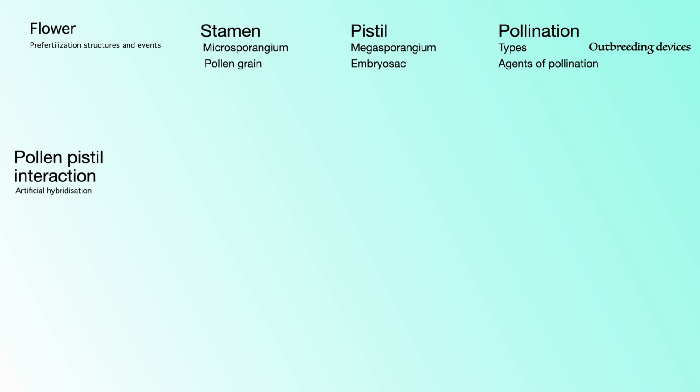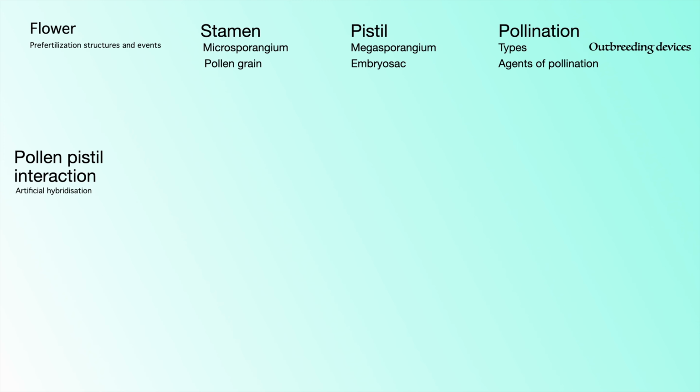Now let's see the events after the pollen lands on the stigma. Once it lands on the stigma, this pollen grain germinates and produces a pollen tube through the germ pore. We have seen the outer hard wall of the pollen grain has pores called germ pores where sporopollenin is absent.